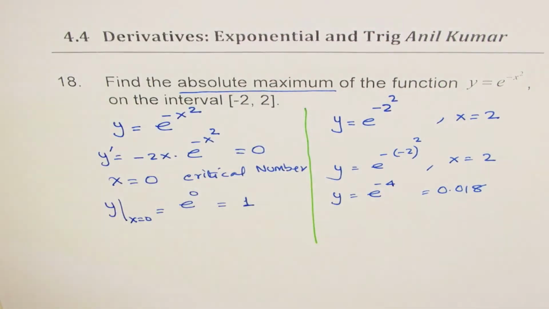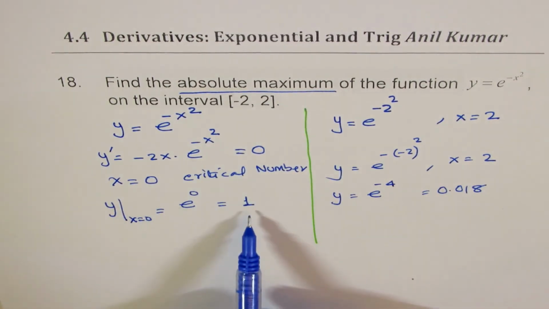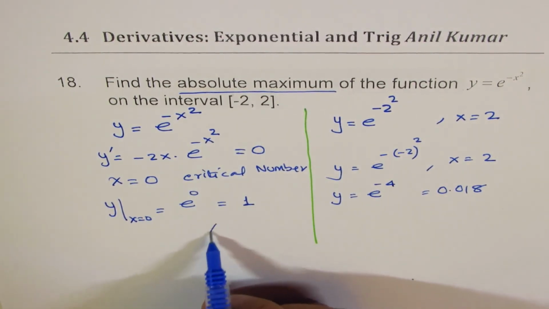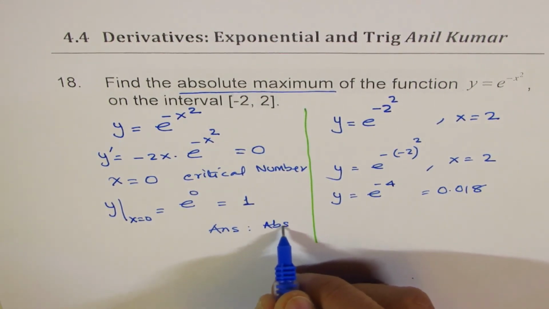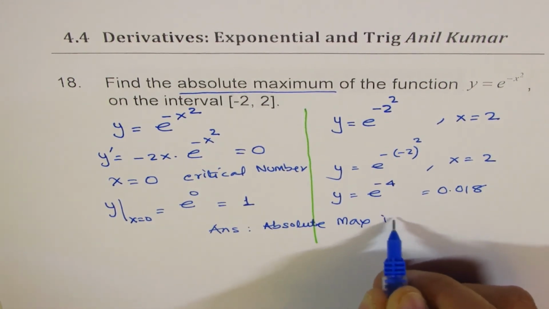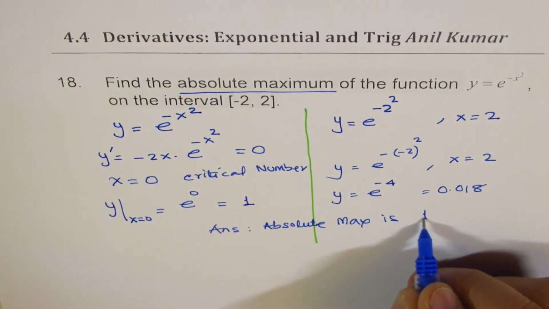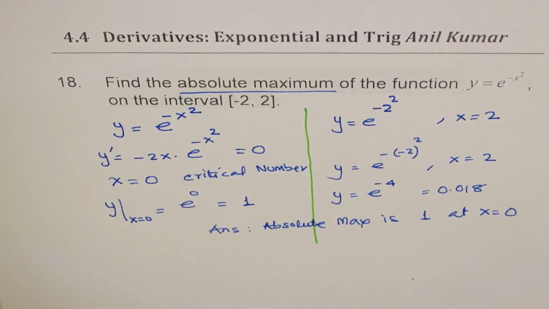So that's a positive value. You can clearly see that the absolute maximum is at x equals to 0. So we have our answer that absolute maximum is 1 at x equals to 0. Right? So that is how you can solve this question.